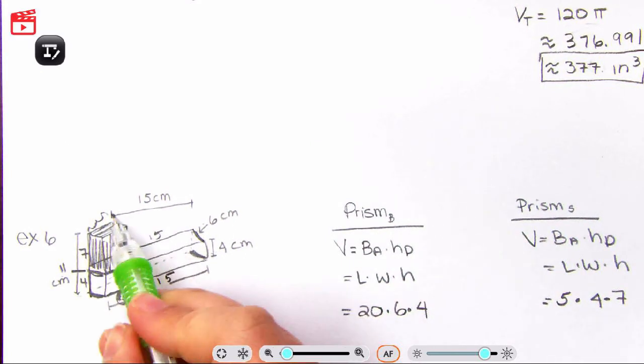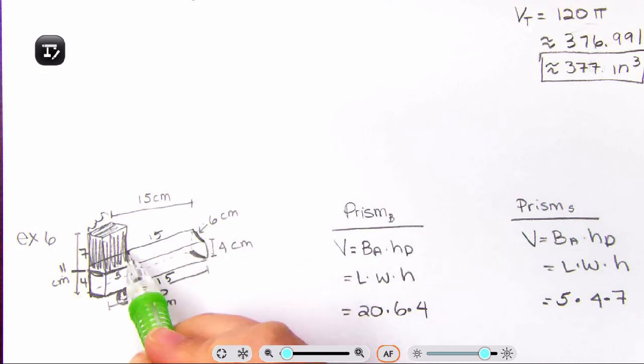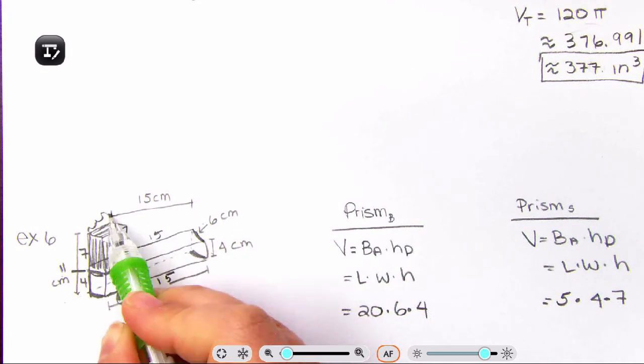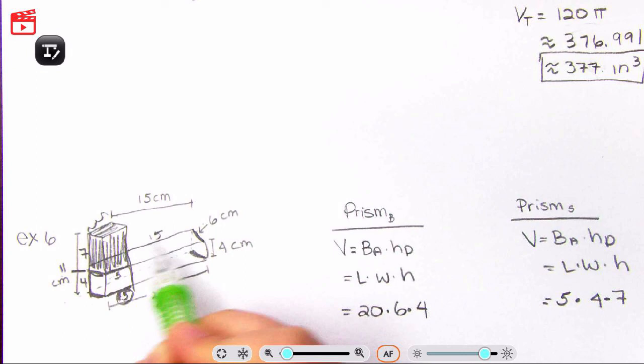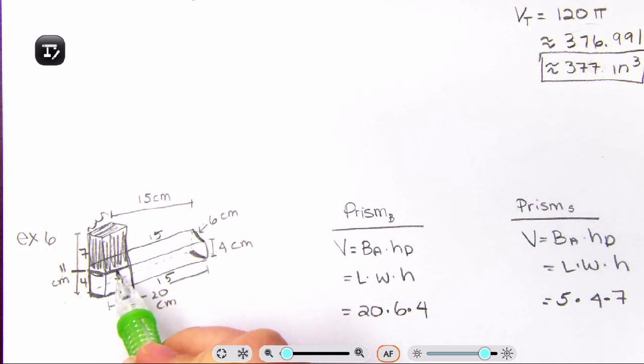Again, the 15 was given to us. We cut the bigger prism down. We know that this section is 15. Therefore, the remainder is 5.